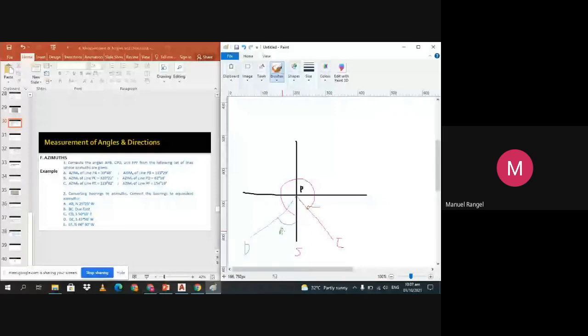Then the required is CPD, the angle between these two.